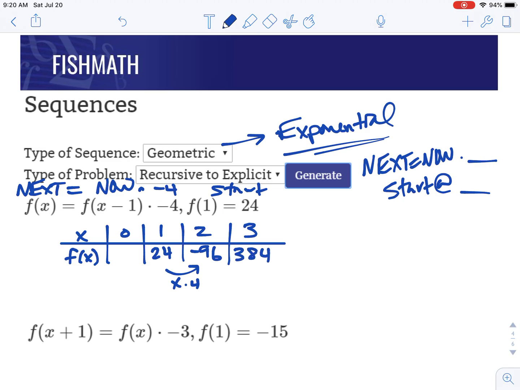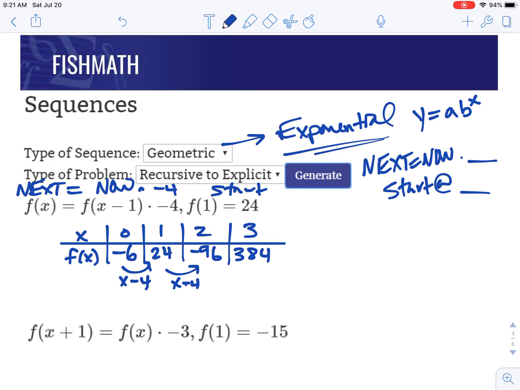What we really need is what are we multiplying by and where is the y-intercept. The y-intercept would be something times -4 is 24. So working backwards, 24 divided by -4 would be -6. So that's our y-intercept. And we need the y-intercept because every exponential function is of the form y equals a times b to the x, where a is the y-intercept and b is the amount we're multiplying by, the factor.